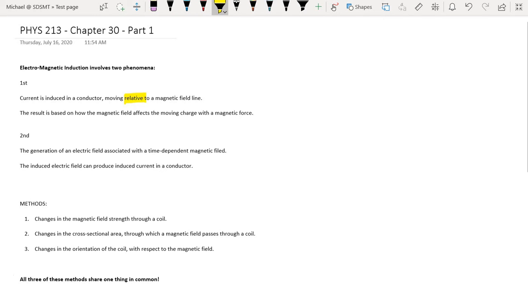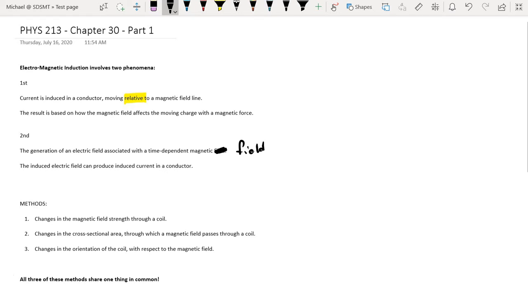The second phenomenon that we will see is that there will be a generation of an electric field that is associated with a time-dependent magnetic field. Sorry, there's a typo there. Not filed, field.